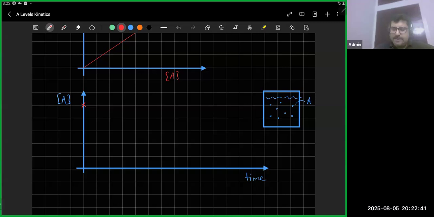Slowly what will happen is, remember, if A's concentration starts to decrease, and it will, all reactant concentrations would decrease. Let me write it here. The concentration of A, which is my reactant concentration, decreases with time.